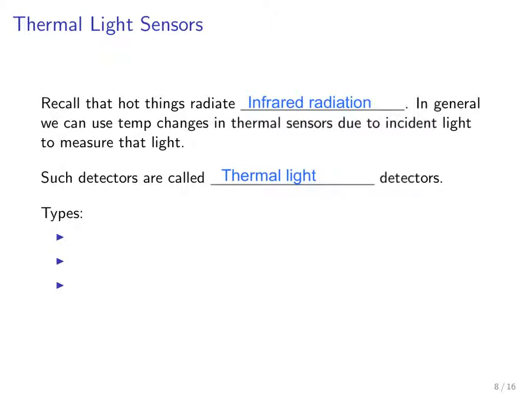And there are three types. One we've already talked about, which is thermopiles, in the last lecture. The second is bolometers, and these are devices whose resistance, delta R, changes with incident light.